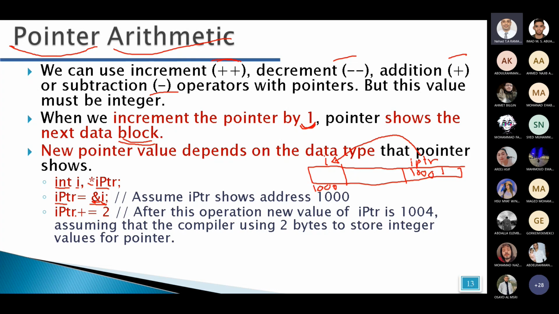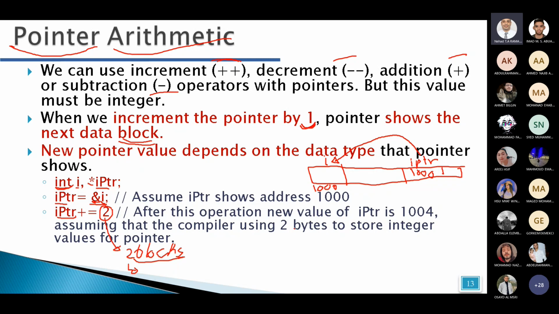Now we say IPTR plus equal 2, meaning the value inside IPTR, which is 1000, add 2. Does it become 1002? No. Add 2 means 2 blocks. What's the size of the block? It depends on the data type, it's integer, and depends on the compiler. How many bytes does this compiler take for the integer?